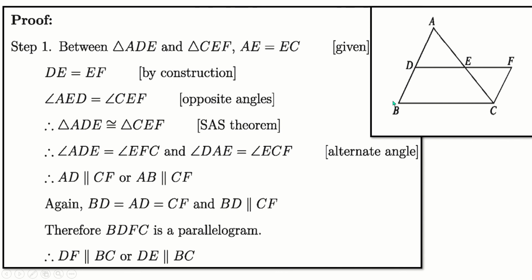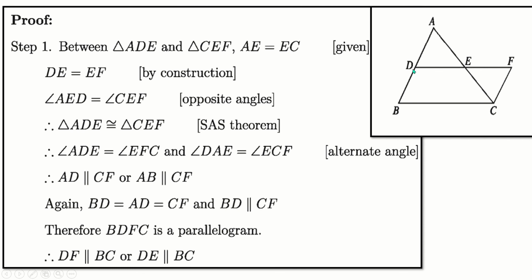Again, BD is equal to AD, because D is the middle point of AB. This is equal to CF, because we have already proved that AD is parallel to CF. So BD is equal to AD is equal to CF, and BD is parallel to CF.